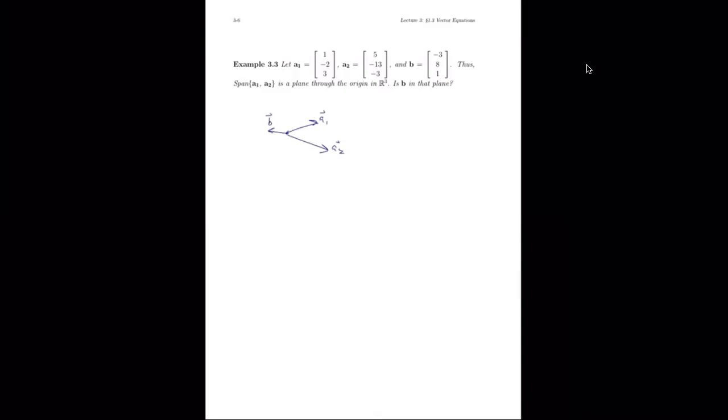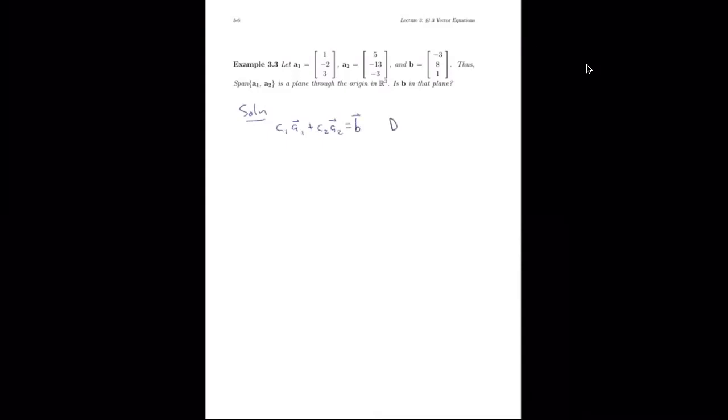So in other words, can we combine a1 and a2 in some linear combination in a way to form the vector b? And if that's the question, then really all they're asking is this: are there constants c1 and c2 such that c1 times a1 plus c2 times a2 is equal to b?